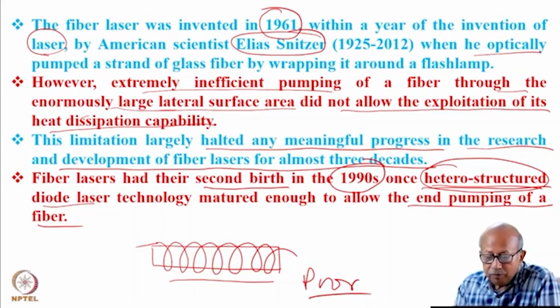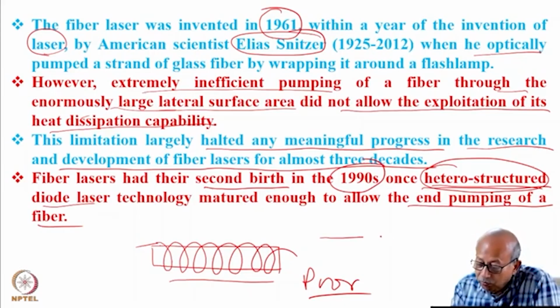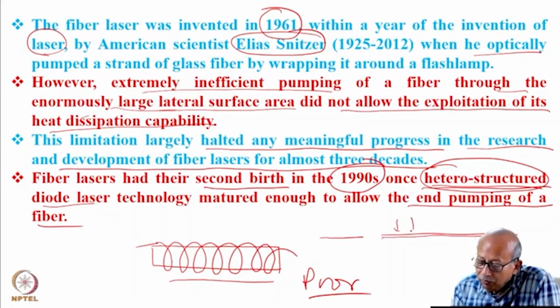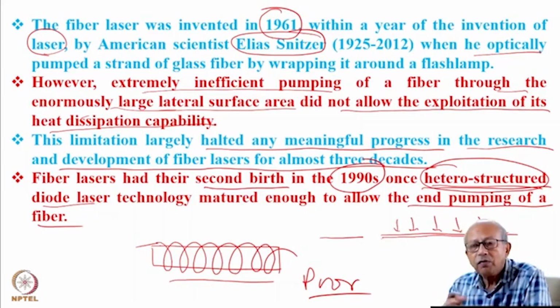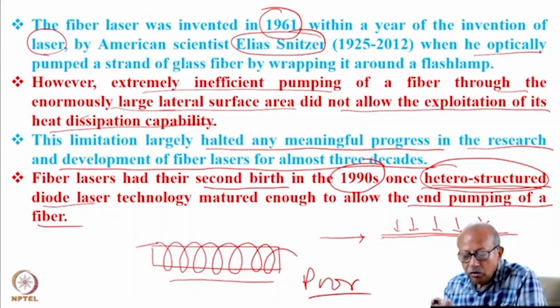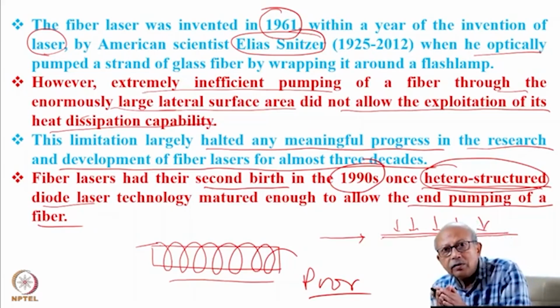Now this semiconductor laser, which gives a very narrow beam of light, can be used to pump a fiber through its end. Instead of pumping from its side, which is very inefficient because of the extremely large surface area that it presents, the semiconductor laser allowed pumping this fiber from its end. So you introduce the pump beam from its end.